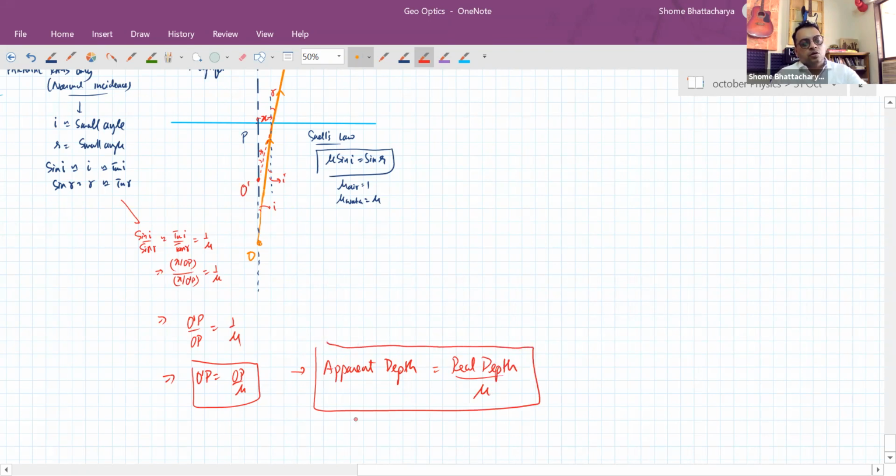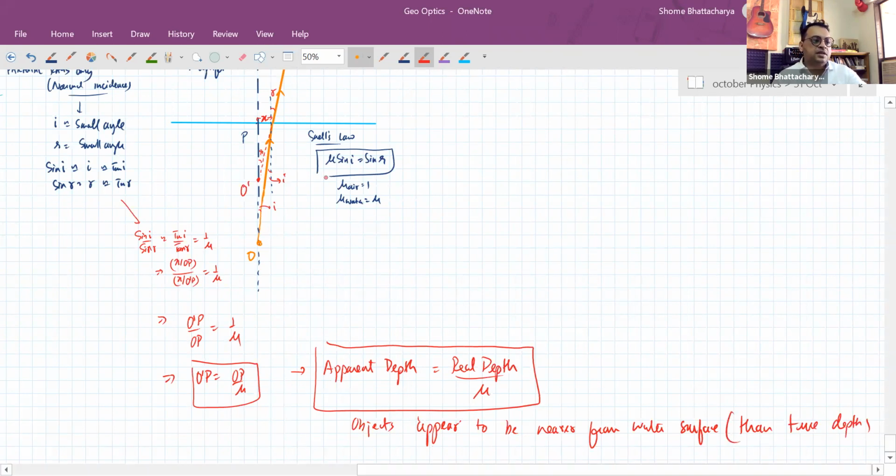So objects appear to be nearer to the water surface than the true depth. This is an important formula and its application.